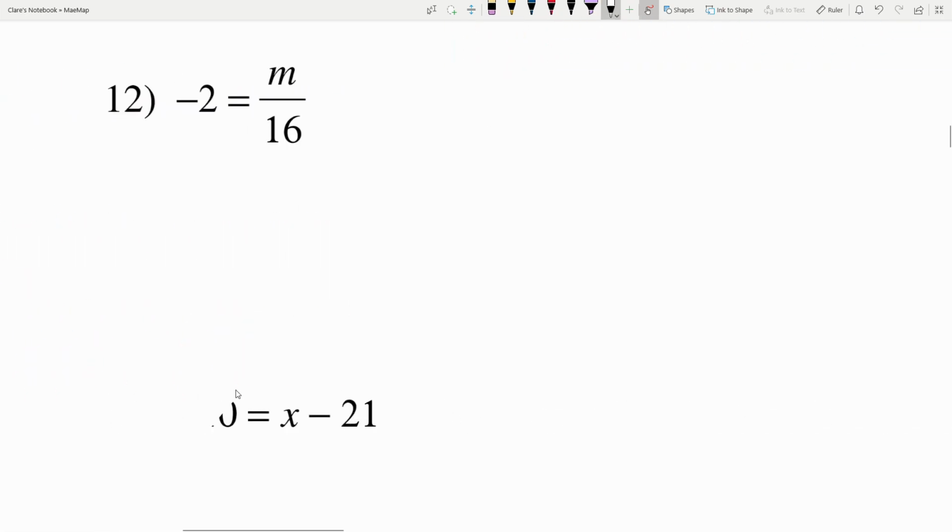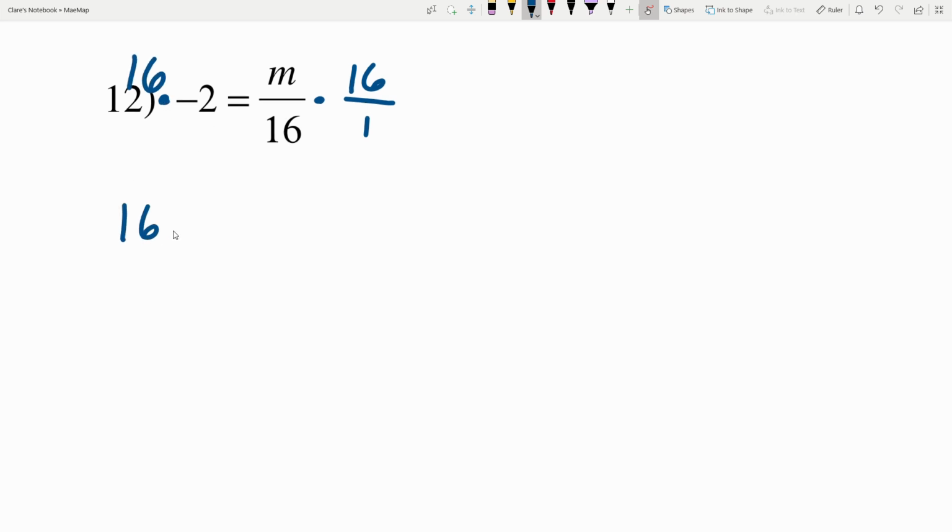Moving on to number 12, we have negative 2 equals m divided by 16. Isolating that m, because it's divided by 16 currently, I'll multiply by 16. And because I have this fraction, I'll multiply by 16 over 1. But remember, multiplying by 16 over 1 is the same as multiplying by 16.